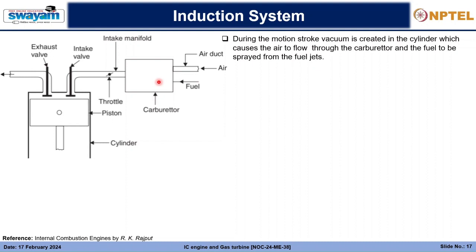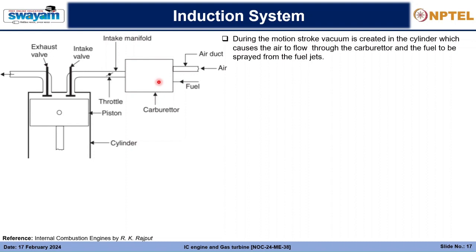Why spraying? Spraying means a very tiny mist of the fuel particles. In very cold seasons, you must have felt that there is too much fog, and when you pass through the fog, these are nothing but very small droplets of mist, and you will find your face getting moist. That is mist. It is very small droplets of water, but here we are talking about droplets of fuel.